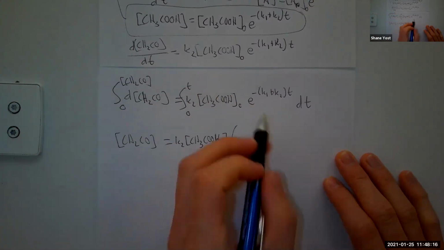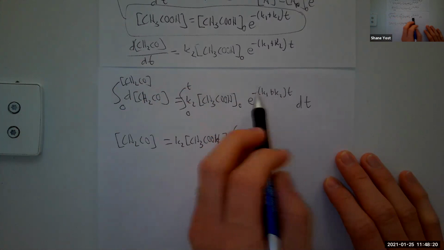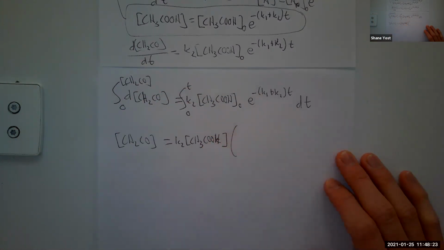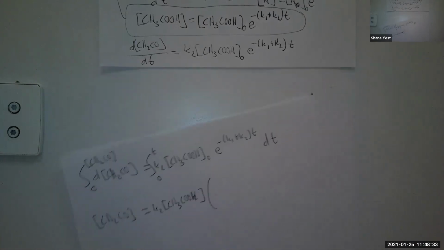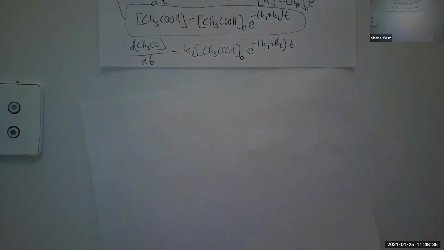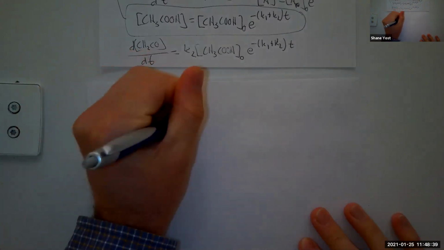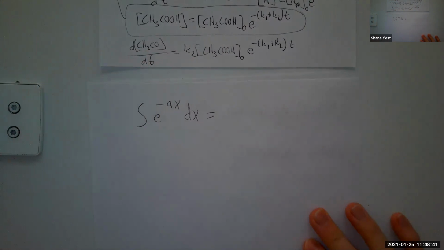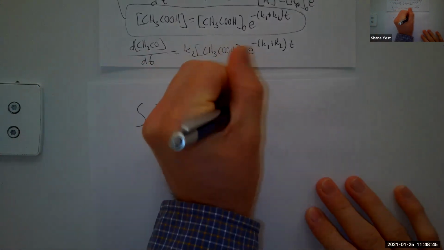So I'm just looking at the integral of e to the minus kt dt. What's the integral of e to the minus x? In general, the integral of e to the minus ax dx is minus 1 over a times e to the minus ax.